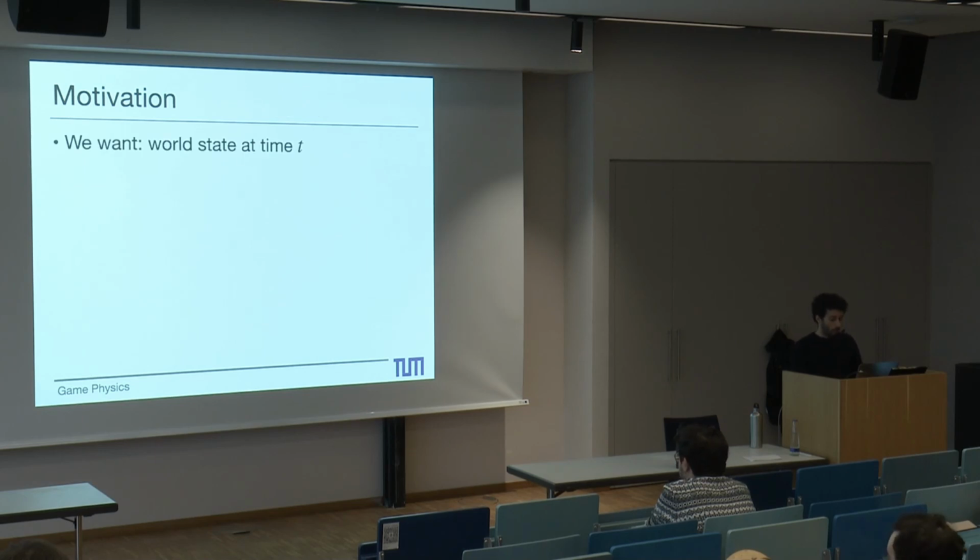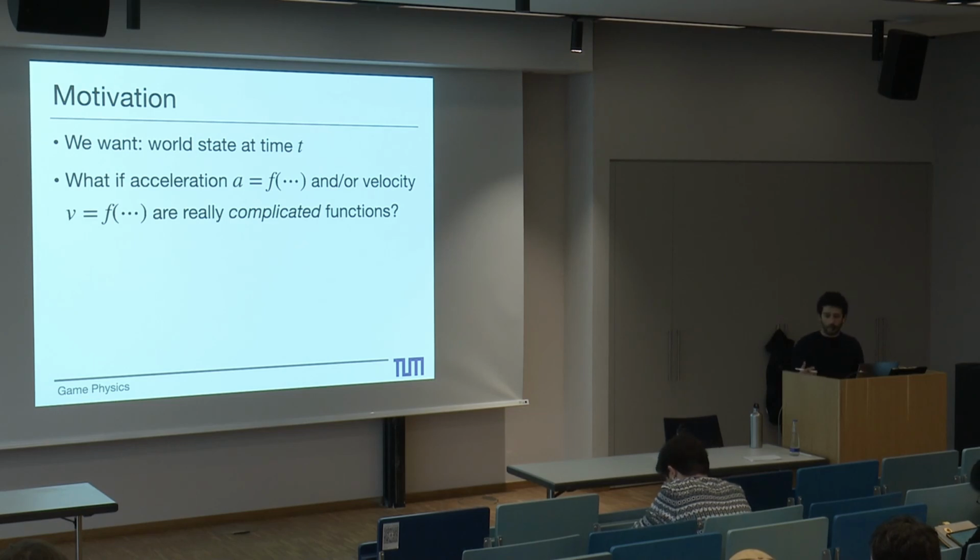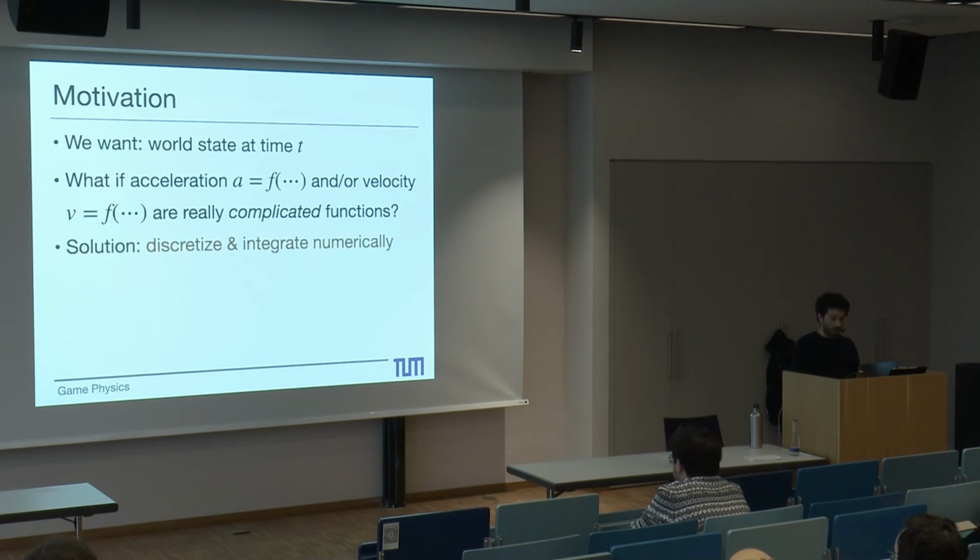So our goal is to define how our objects move around at a given time, and typically both the acceleration and the velocity are provided in the form of a relatively complicated function. So the analytical solution that we saw before is typically not possible, or it's very complicated to achieve. So our solution for this is to discretize space and time and try to integrate this relationship numerically in order to obtain the trajectory over time.